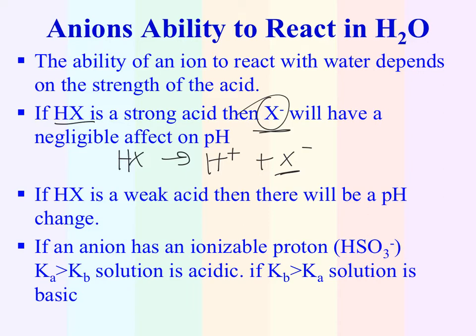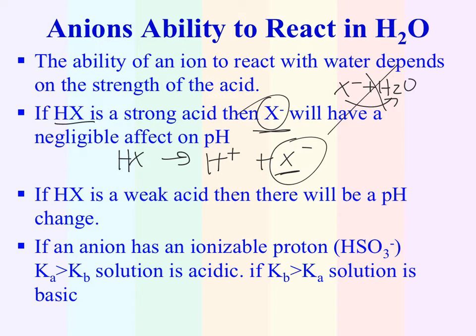With that being said, when you have that anion in solution, it's not really going to want to interact with water. There isn't going to be an exchange of protons or anything of that sort. Since that doesn't happen, anions related to strong acids are not going to affect the pH.